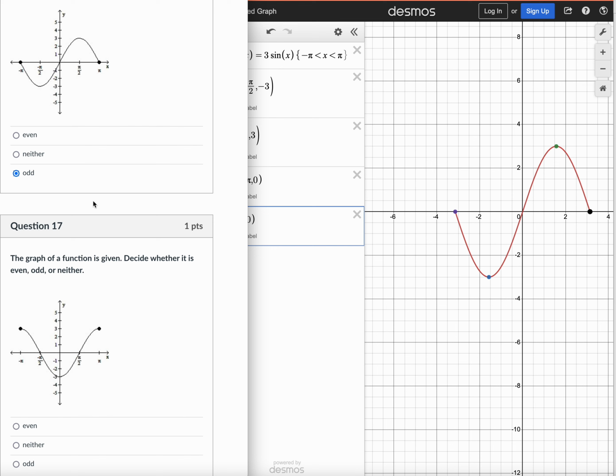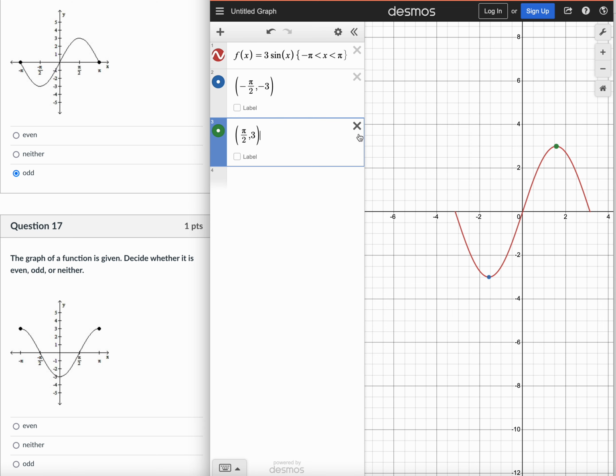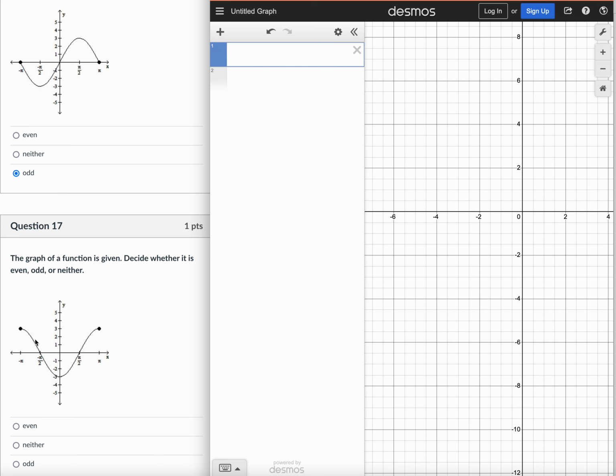Okay? Now, how about this one? Let me eliminate all the functions here. Right now you don't know the algebraic expression for that.